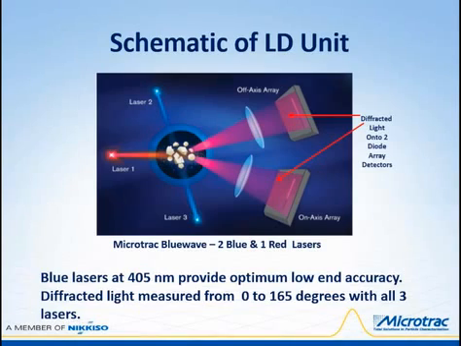The scattered light distribution is then mathematically deconvolved to calculate the particle size distribution. This particular Microtrac model uses two blue lasers and one red laser at different angles. The blue lasers at lower wavelengths provide the most accurate fine size information.